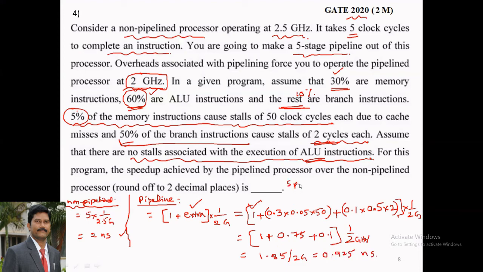Now speed up equals the time taken to execute one instruction in non-pipeline, that is 2 nanosecond, divided by the time taken to execute one instruction in pipeline, that is 0.925. That equals 2.16. This is the speed up.